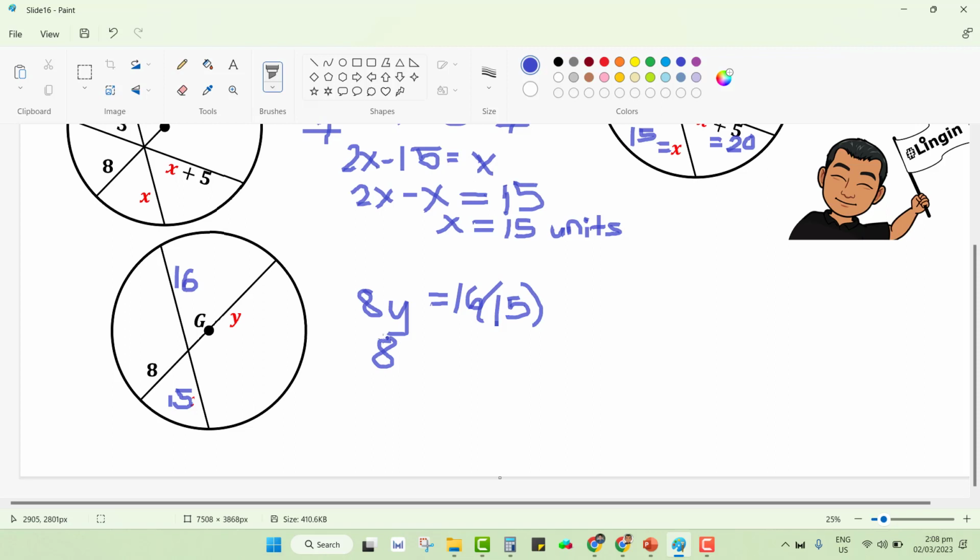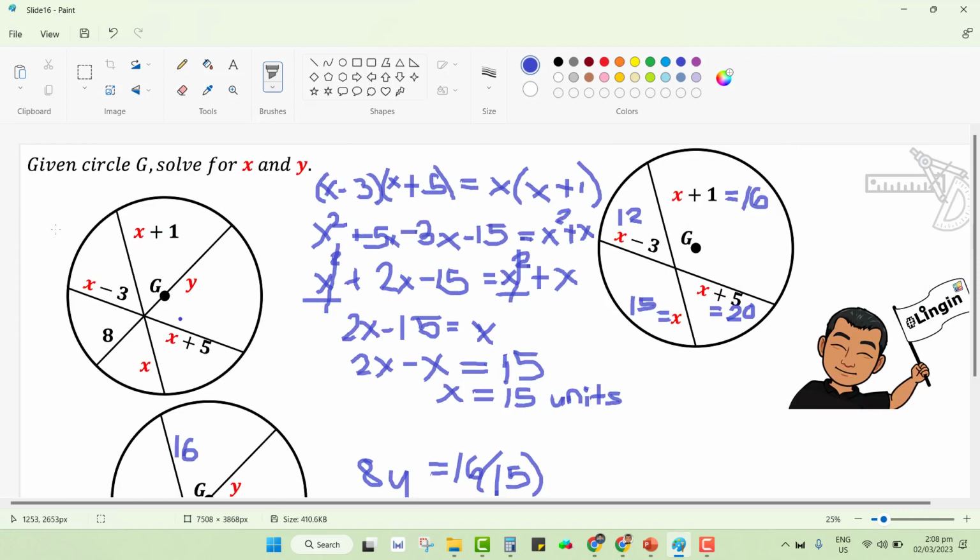So you will have 8y is equal to 240. Okay? And then when you divide both sides by 8, you will get a result of y, which is just equal to 30 units. This is the result for y in this given circle G.